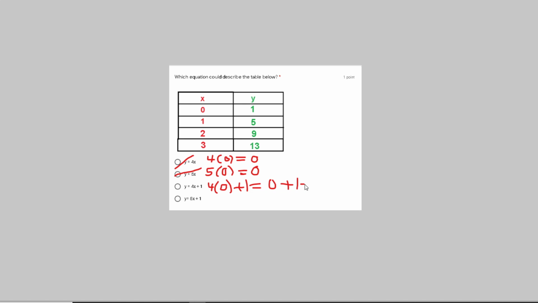So this does work for the first row. And it looks like it's going to work for the last one, right, because we're doing the same thing. We're multiplying 5 by 0, that's 0. You add 1 to it, so we get 0 plus 1, 1.